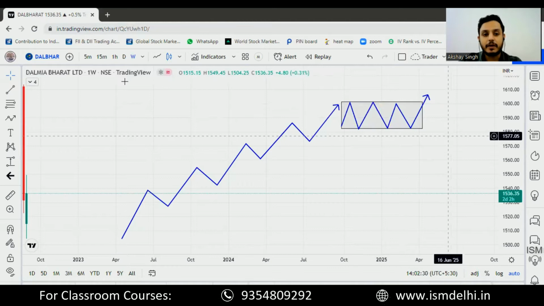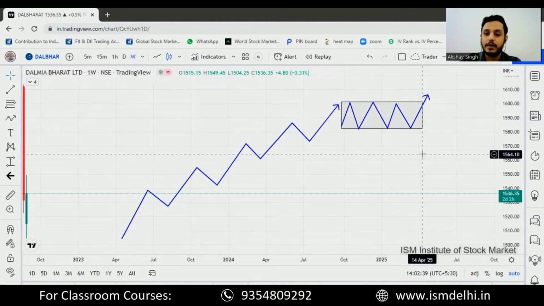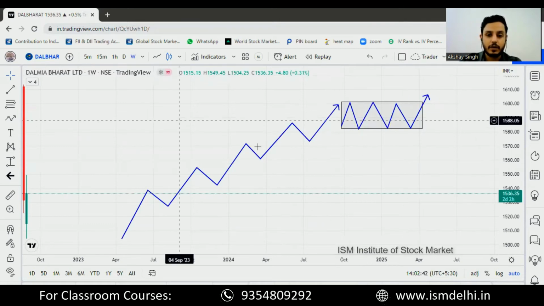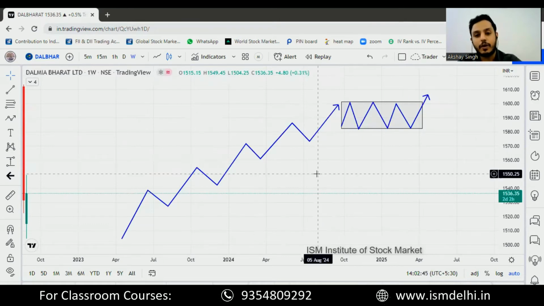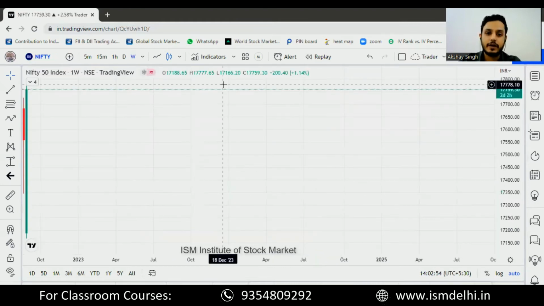So what will be the time frame? Time frame would be only the weekly time frame, right? So you can see this could be a trade of a longer duration, but returns would be higher. Now before looking at this setup in real-time charts, let's see Nifty on a weekly time frame chart.